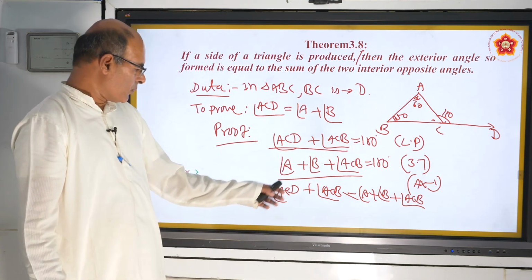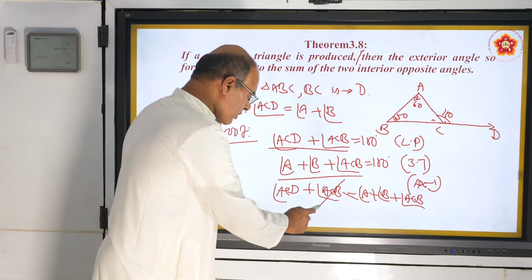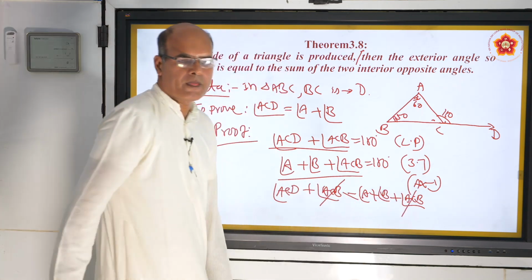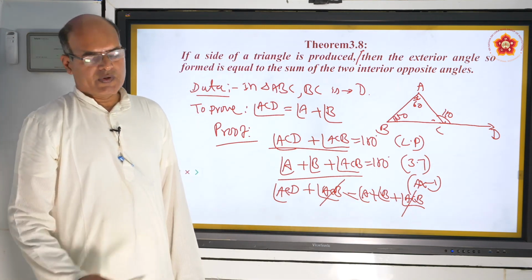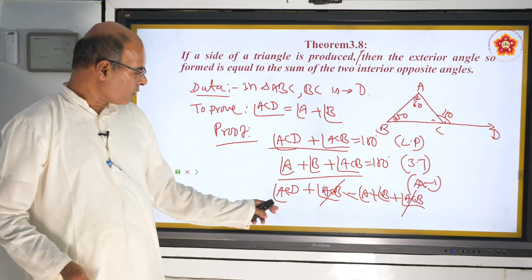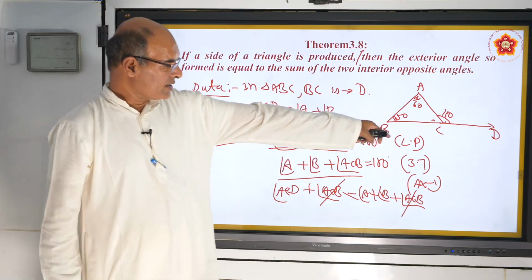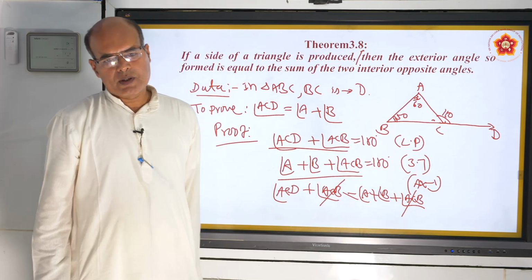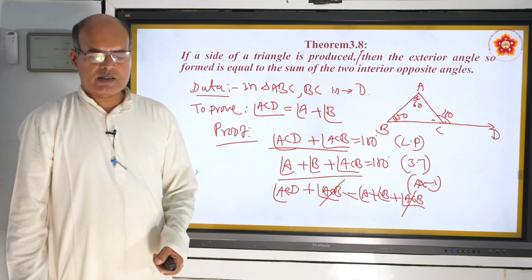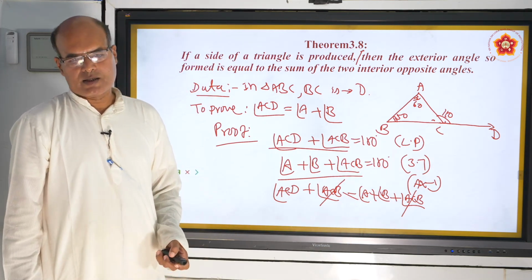So look at the equation. We have ACB on either side. We can remove it. If equals are taken from the equals and the remainders are equal, therefore we get angle ACD, that is the exterior angle, is equal to angle A plus angle B, the interior angles on the same side of the transversal.